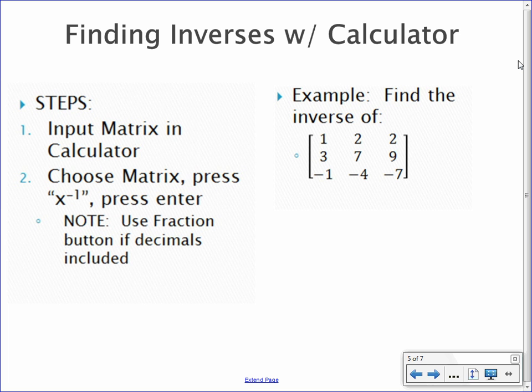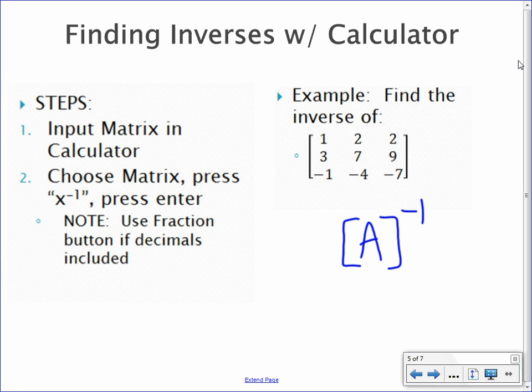So you'll call up your matrix and take it to that -1 superscript. If there are decimals, I've taught you how to change it from decimal to fraction. I want fractions. If you enter it in A, you'll call up A, and this is what it should look like in your calculator when you press enter.